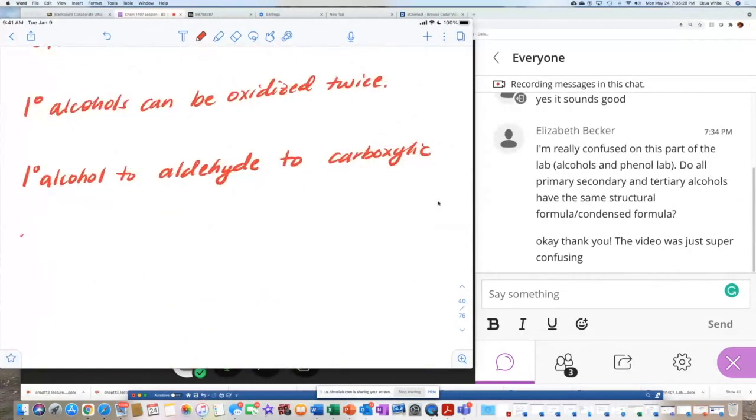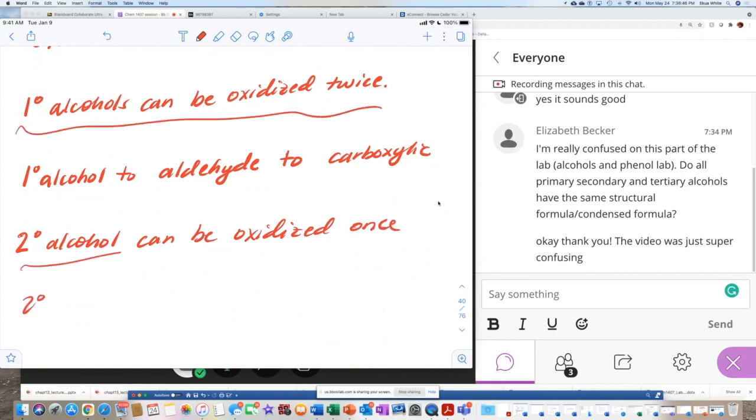And then secondary alcohols, ooh, let me be consistent. Secondary alcohols can be oxidized once. So this is like the title. Secondary alcohols go to ketones, and that's it.